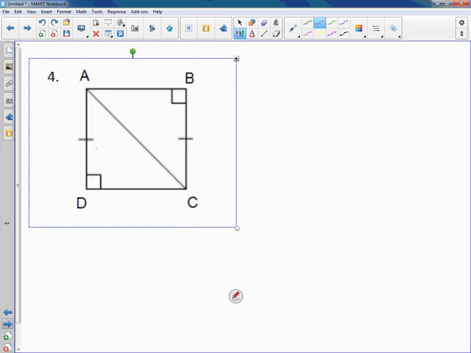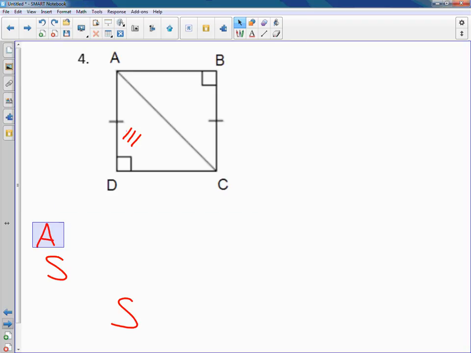Number 4, I have a shared side. Now, I have an angle, and I have a side, and I have a side. Now, whoops, they didn't break up. Let's see if I can break them up. There we go.